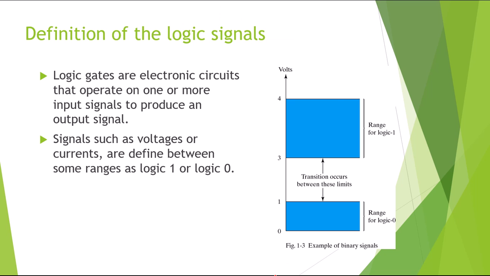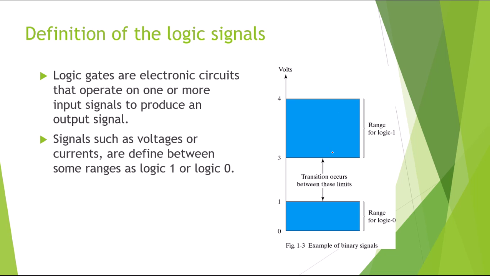So if our voltages are from 0 to 4, then depending on the technology, we define our logic levels. For example, with a range of 0 to 4, we can say that from 0 to 1 volt, the range of voltage or current will be logic 0.